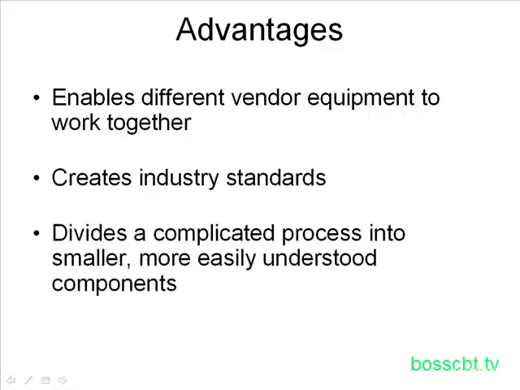Also, using a model like this, we're dividing a rather big and complicated process of communications and computing in general into more easily understood, smaller components. So when we talked about sending that email after you hit the send button, we can now talk about the application itself, the program that you're using to send email.